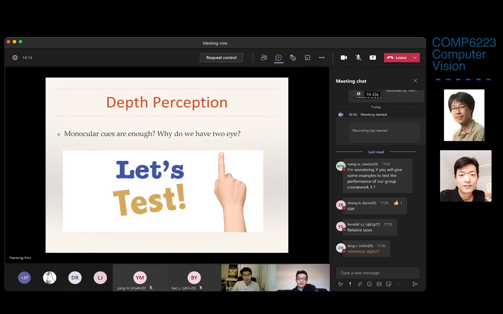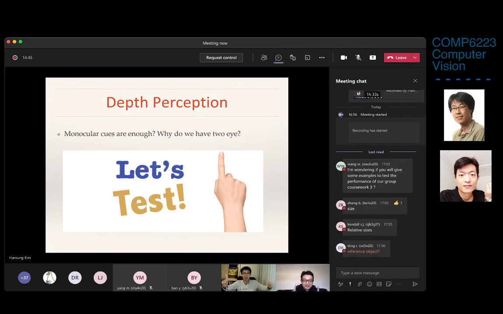Why do we have two eyes? Well, those kinds of monocular cues, you can get from just one eye. And let's see why we need two eyes to feel depth. Okay, so everyone, let's test one thing. Just close one eye, left, right, whatever is easier. Keep one eye closed, and then raise up your two index fingers in front of you.